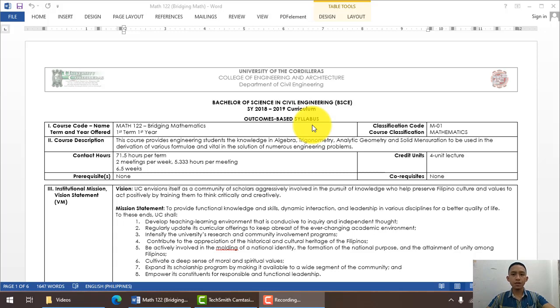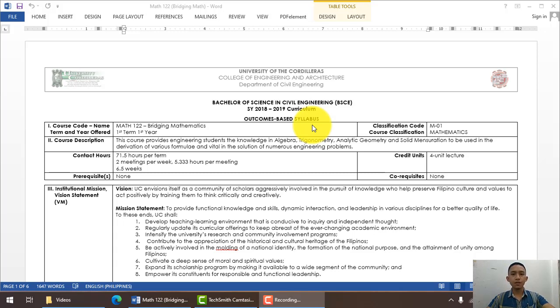This is only offered because, according to the CHED memorandum, we can accept enrollees of different strands except from STEM, because of course STEM is intended for engineering and technology.